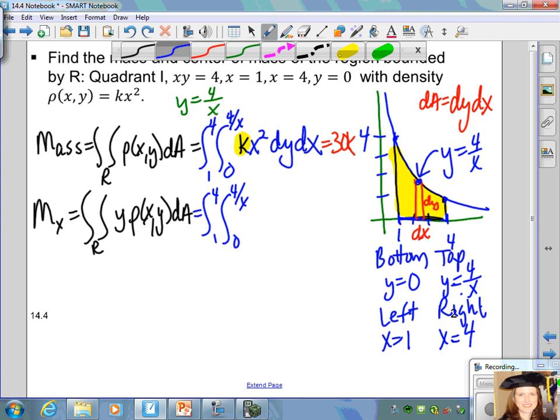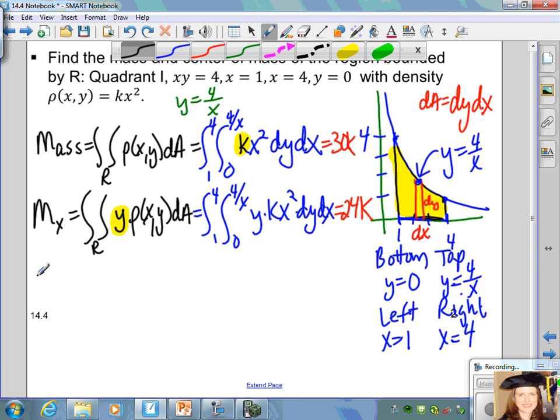The only difference is that we're going to have that y in the integral. So it's going to be y times k x squared times dy dx. Again, you can bring that constant out in front, integrate the inside with respect to y, evaluate it, and then you get a single integral, and you'll work that out to be 24k.